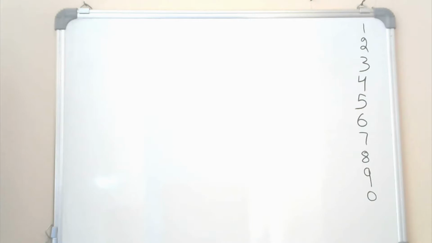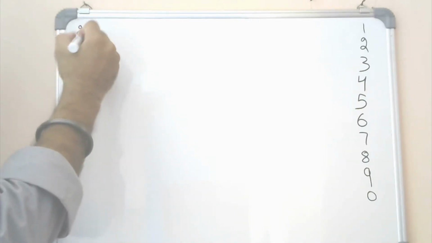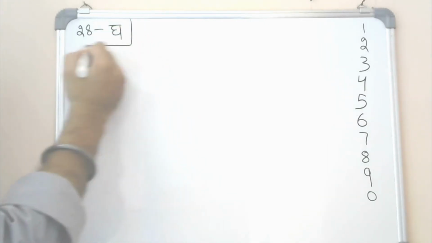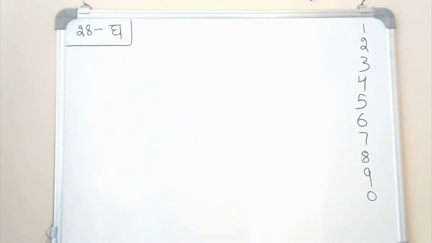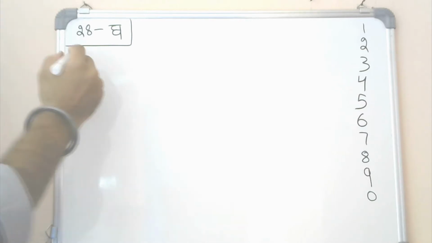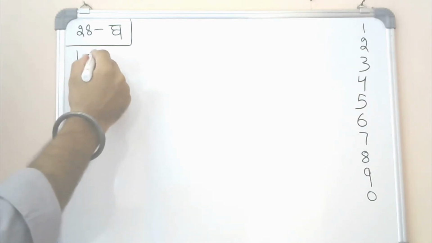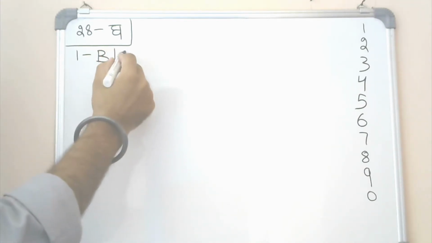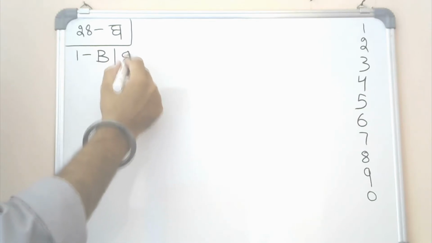28th letter of Gurmukhi is baba. If you look at this letter closely, you will see that it is somewhat similar to the second letter of English alphabets, which is our B. So this is how we write B, right? If you take the mirror image, it will be something like this.